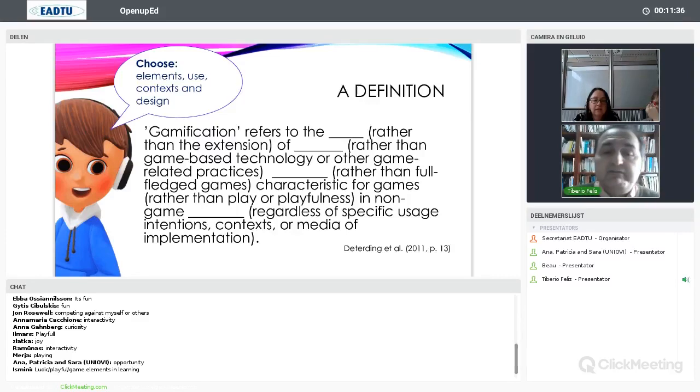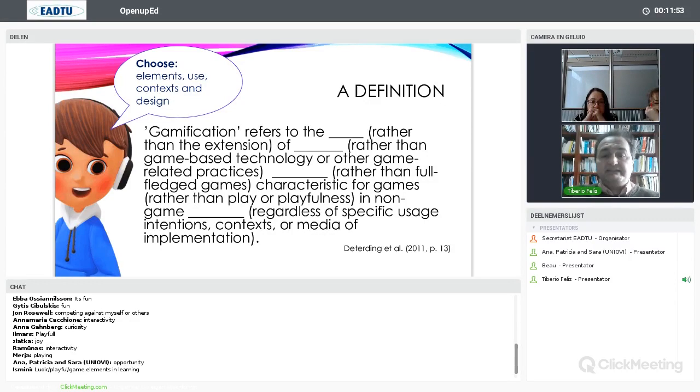A word rather than full-fledged games, characteristic for games, rather than play or playfulness in non-game, and another word, regardless of specific uses, intentions, context, or media of implementation.